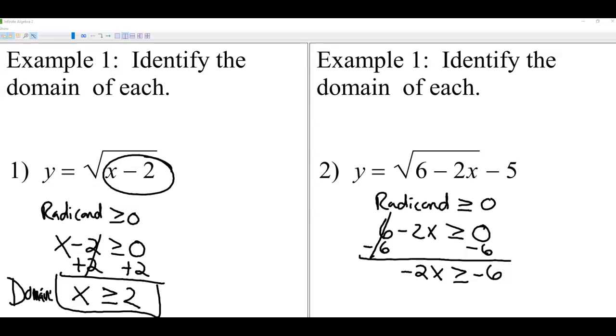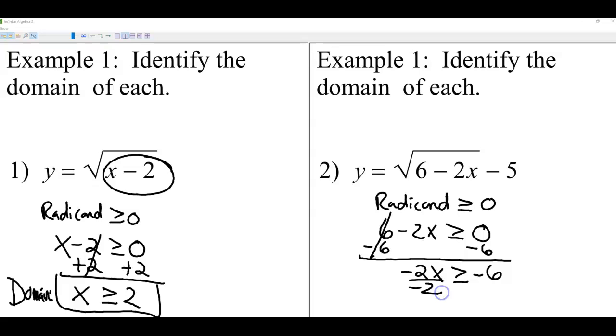I had one question over here: where's the 5? Why did I not include the 5? It's not under the root. So the only part that goes here is the part that's under the root. Okay, good. So what do I do to get rid of that negative 2? We divide. So let's do that.